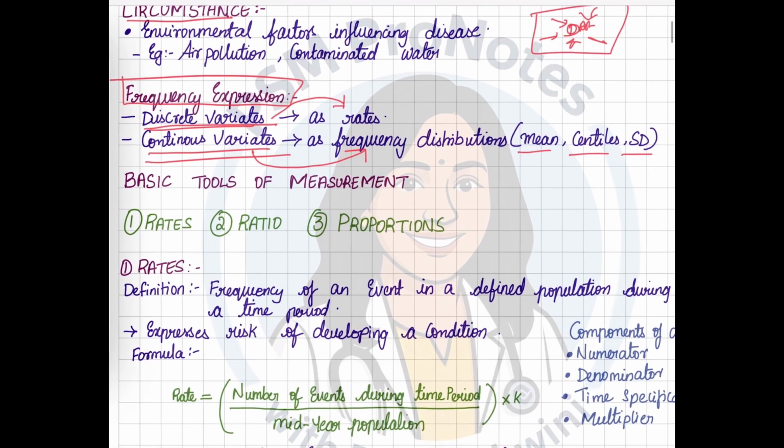So discrete variates are expressed as rates, the rate of presence or absence, whereas for continuous data we have a range or frequency distribution. So these two are expressions of frequencies.